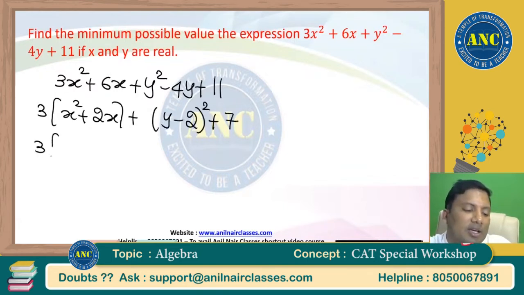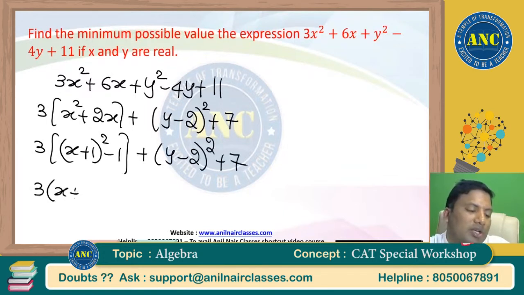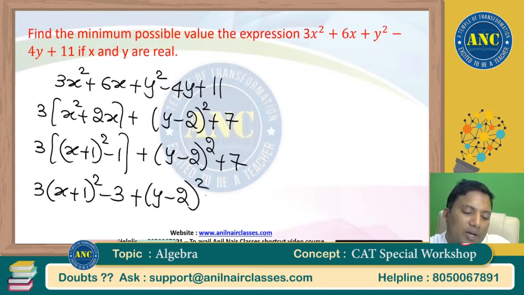Here x square plus 2x is x plus 1 whole square minus 1, and y square minus 4y is y minus 2 whole square minus 4. So this is 3 into x plus 1 whole square minus 3, plus y minus 2 whole square plus 7.